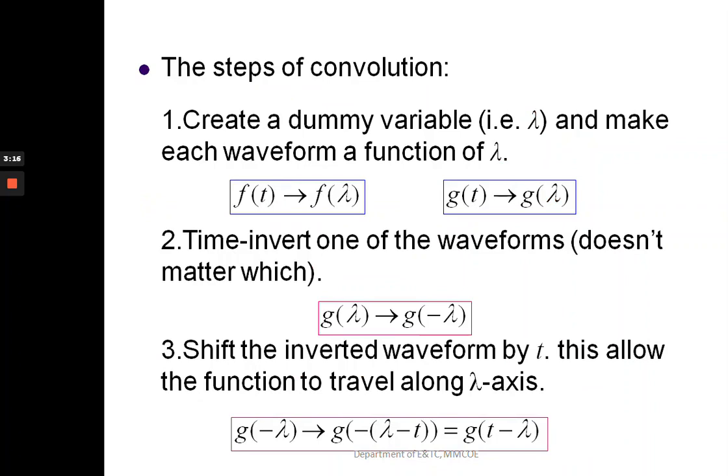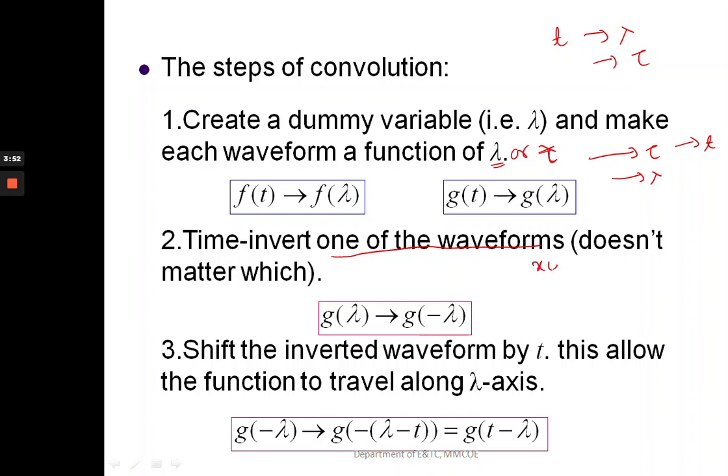Now the steps for the convolution. The first step is to create a dummy variable, meaning replace t by the dummy variable lambda or tau, and make each waveform a function of lambda or tau. Then the second step is to time invert one of the waveforms. It does not matter whether it is the first or the second waveform.